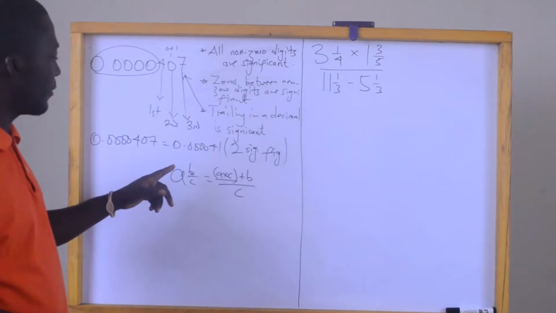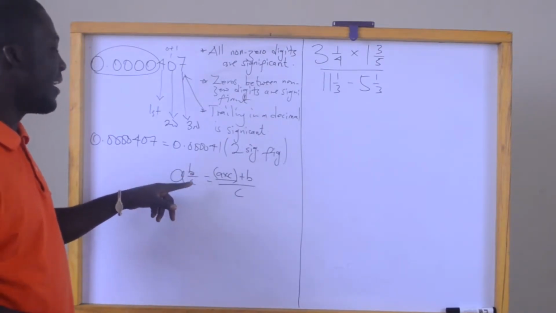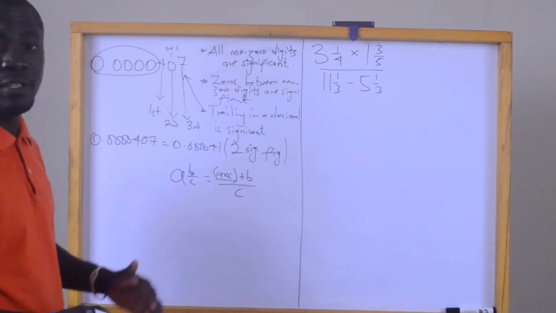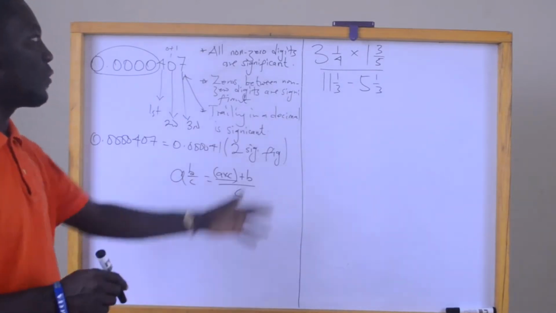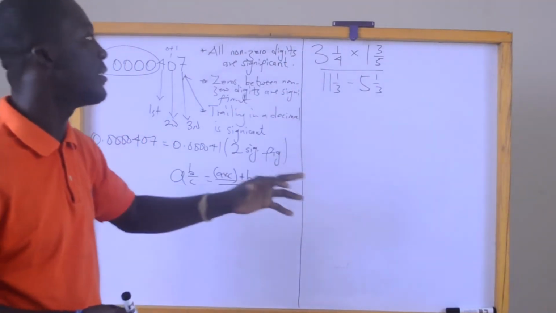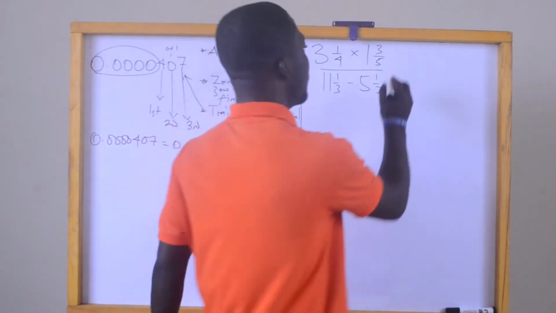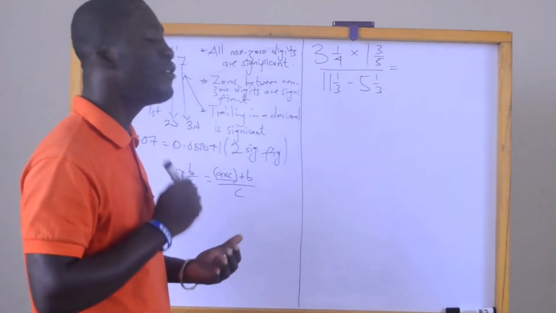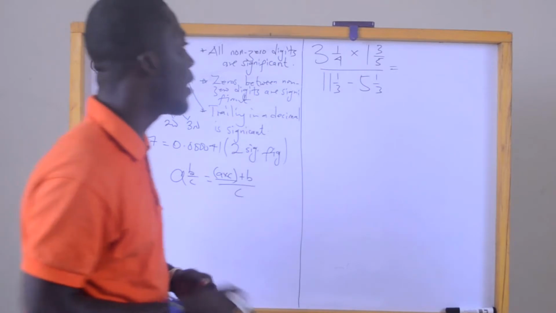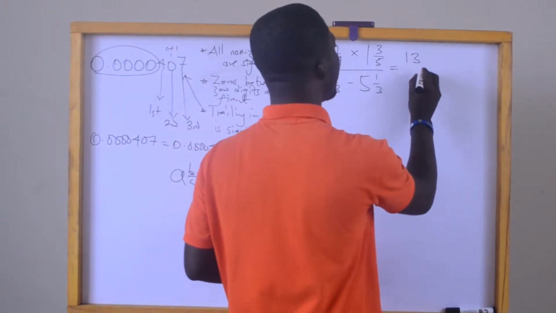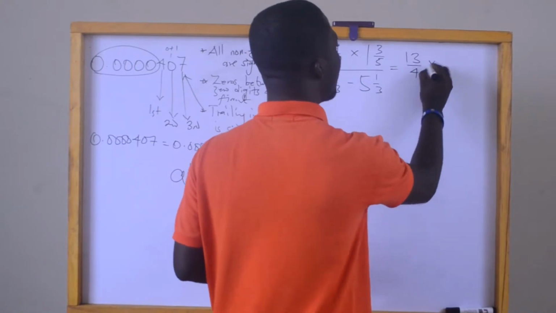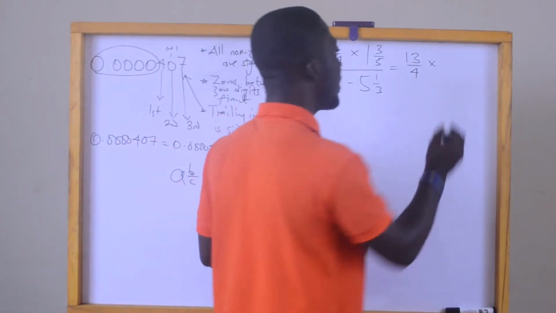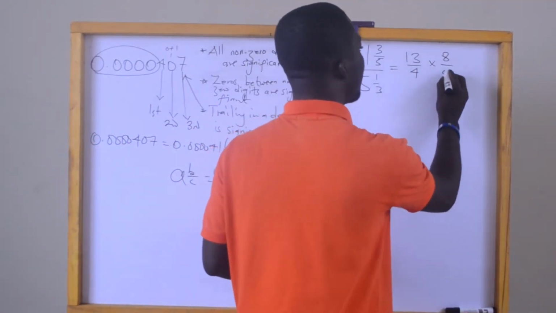We multiply the whole number by the denominator and add the result to b and divide by the denominator, which is c. The same principle is what we are going to use to convert all the mixed fractions in this question to improper fractions. So when we multiply 3 by 4, we get 12, and 12 plus 1 is 13. 13 divided by 4 times the next one. 1 times 5 is 5, 5 plus 3 is 8. 8 divided by 5.